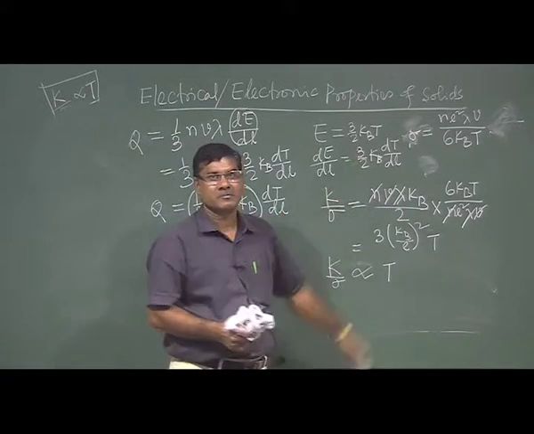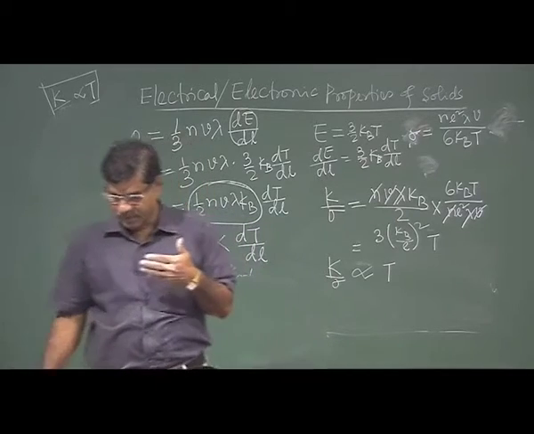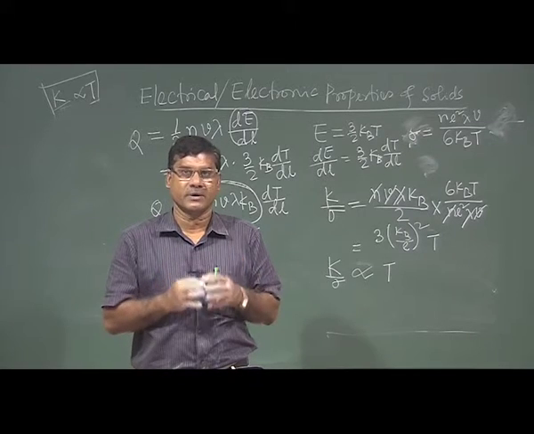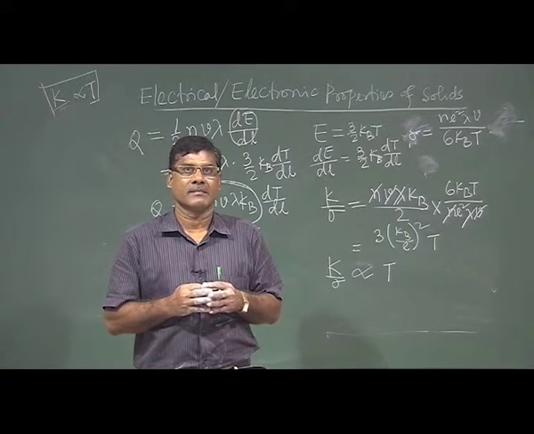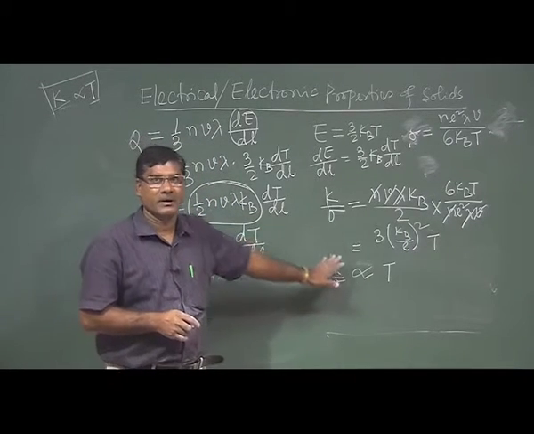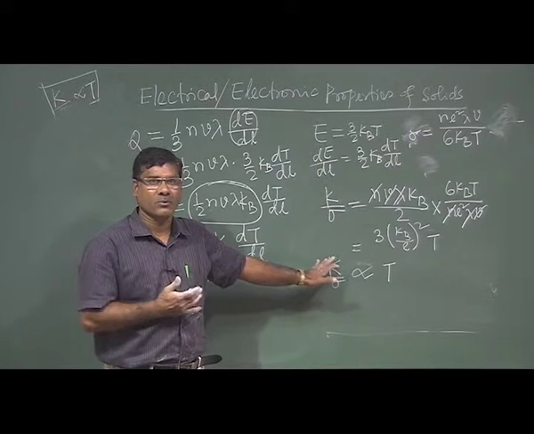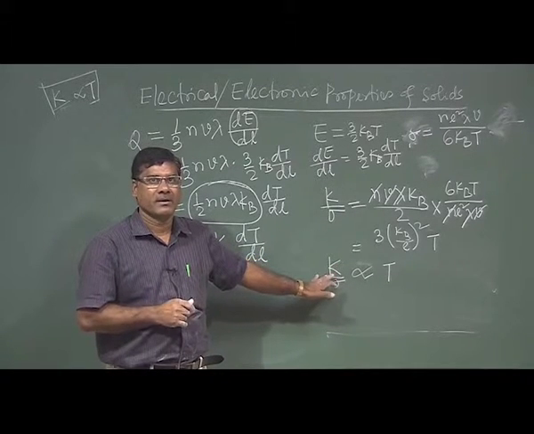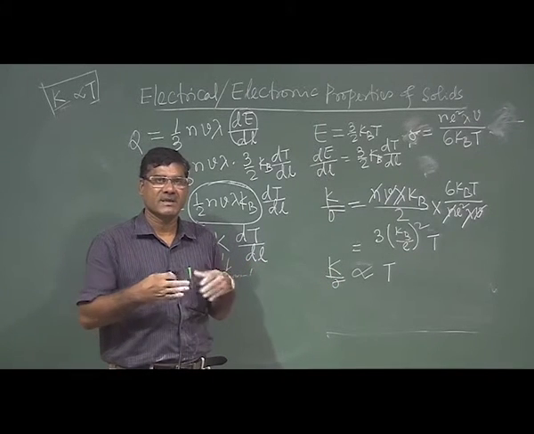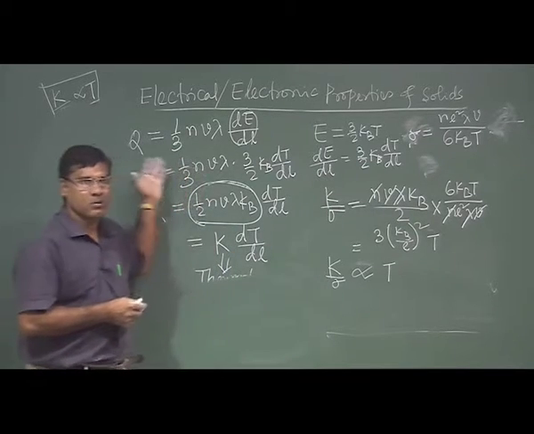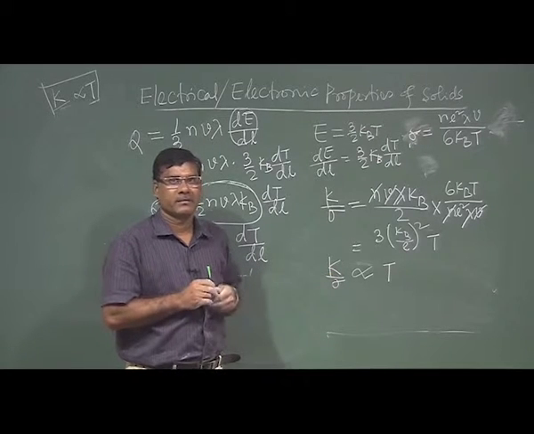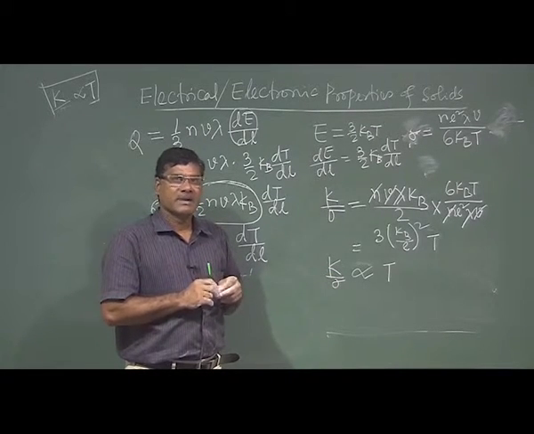So, from the free electron gas model, applying kinetic theory, one can get the proof of laws which are experimentally verified. So, the free electron model is a very successful model to explain Ohm's law, to explain the Wiedemann-Franz law, but it has drawbacks also.